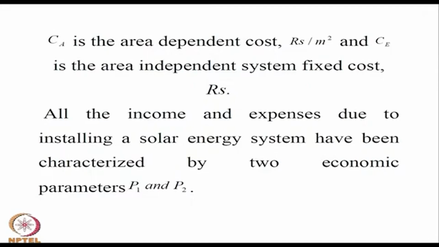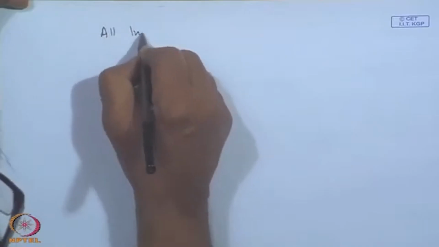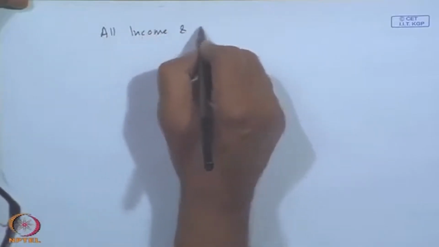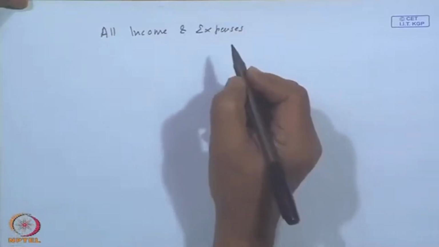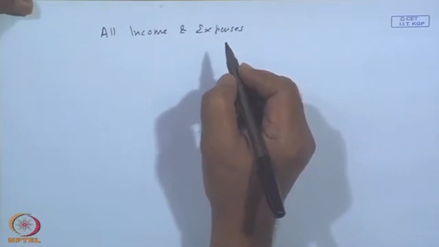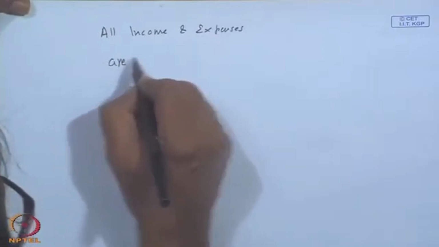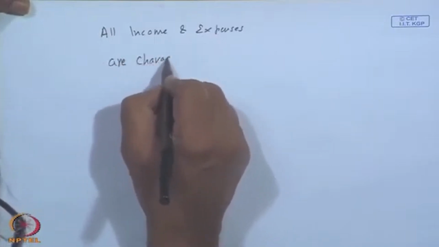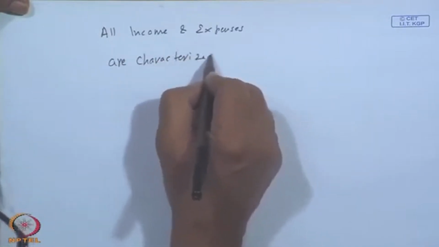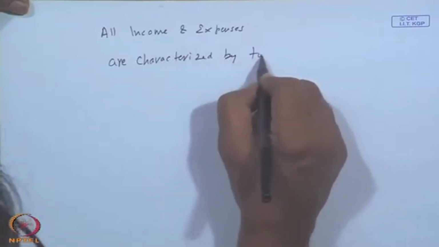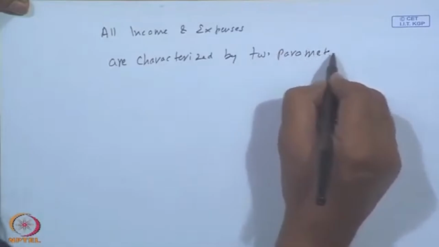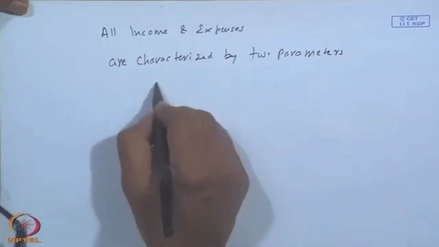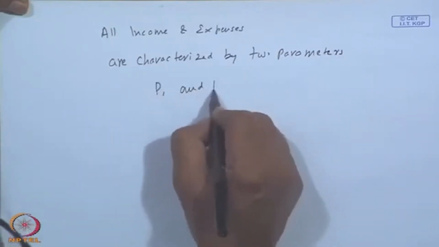So, Brandmühl and Beckman said all income and expenses which are necessary to evaluate the economic viability of the system are characterized by two parameters, P1 and P2.